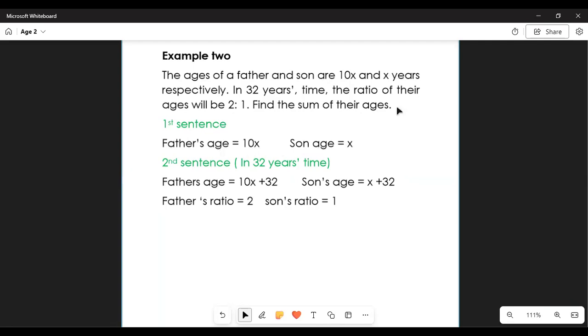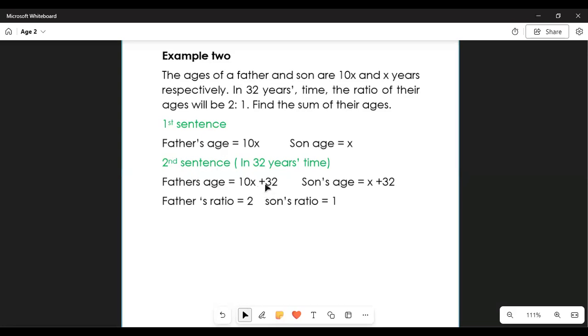So the father's age here is 10x and the son's age is x. From our second sentence, it says that in 32 years' time, so if we assume that the father is 30 years now, then in 32 years' time, the father will be 52 years. So whatever age he has now, we need to add 32 years to it.